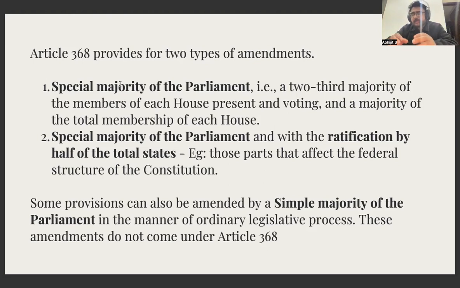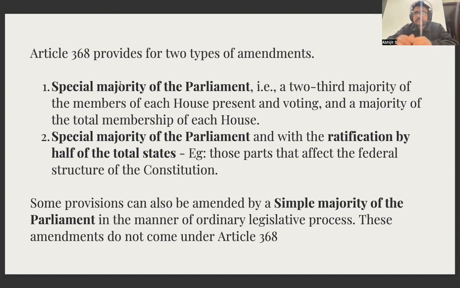For certain other areas which were more crucial to amend, the Constituent Assembly introduced Article 368, which provided two types of amendments. One, a special majority of the parliament, where you needed a two-third majority of the members of each house present and voting, and a majority of the total membership of the entire house.